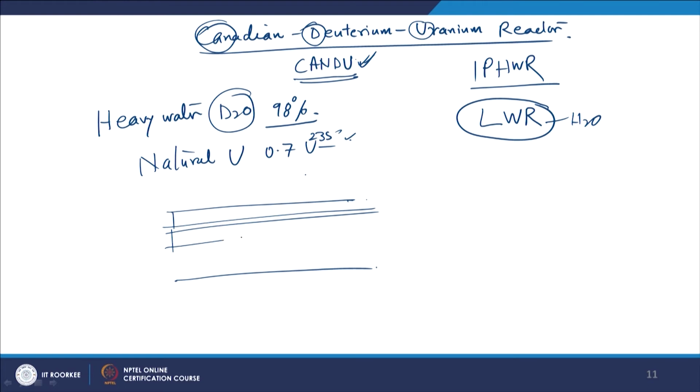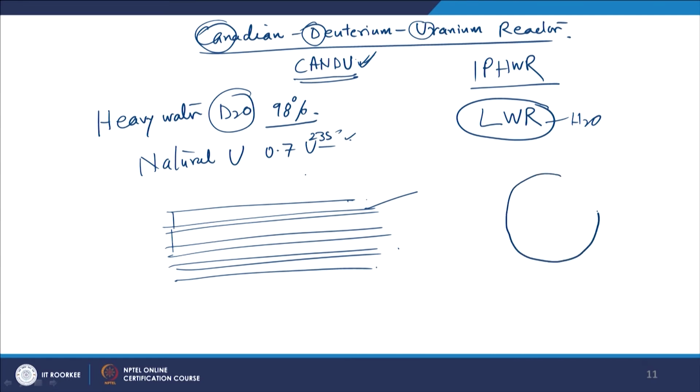Each channel has a zirconium tube, normally of thickness of the order of 1 millimeter or 1.2 millimeter, depending upon the power generation, and concentrically a zircaloy tube of thickness close to 4 mm is also used, and this tube has a number of fuel pins.